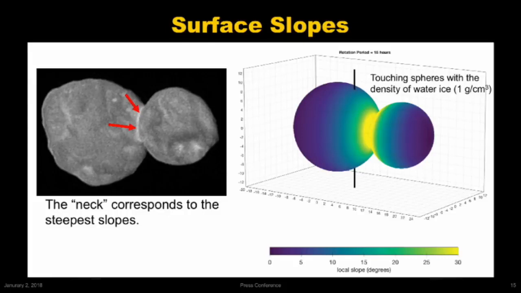And you were in fact sitting on a steep slope if you're on one of the 2 locations near or at the neck, where the two lobes come together. And the yellow indicates where you're at an angle so high that you'll basically start rolling. So perhaps an explanation for the bright band we see that connects the two lobes is in fact loose material which has simply rolled down to this local circular ravine, for lack of a better way to conceptualize it, which makes up the connection between the two lobes.